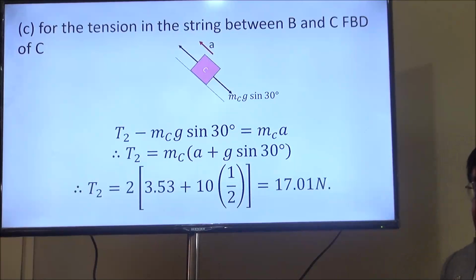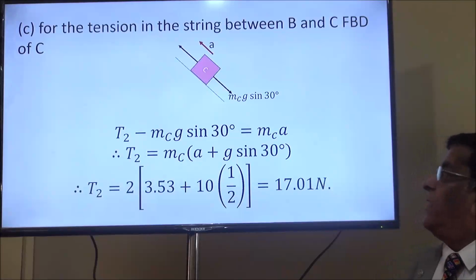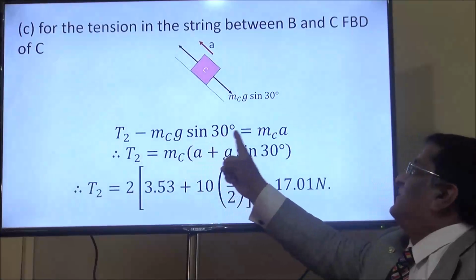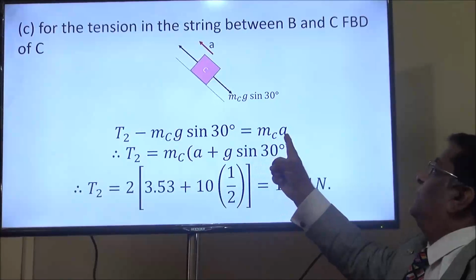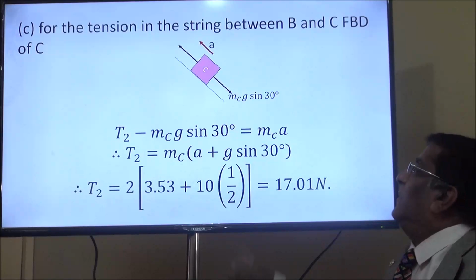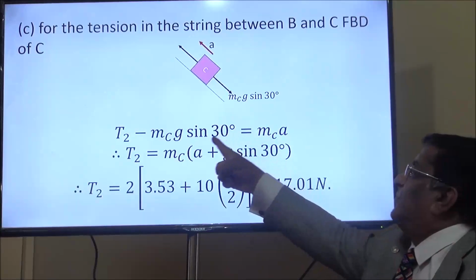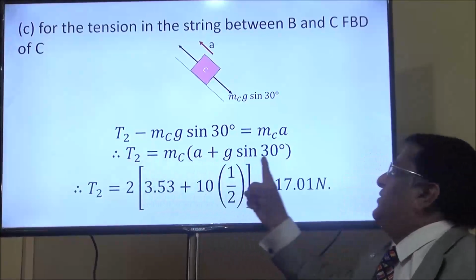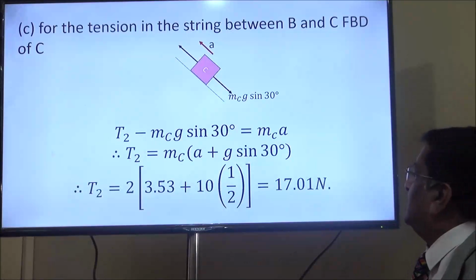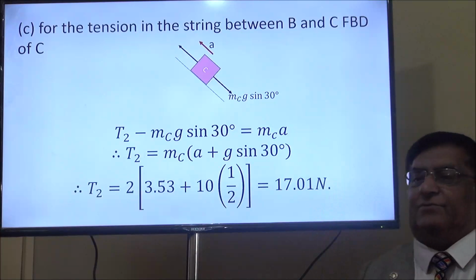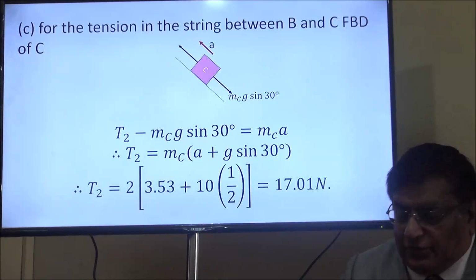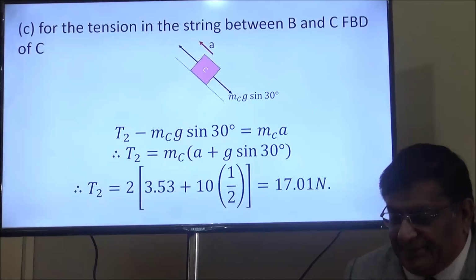See, T2 minus mg sine 30, this resultant is m into a. Here a is known to us, m is known to us, sine 30 is known to us, g is known to us. What will you get? T2. And you get it 17 Newton. Right? So do it and remember it.